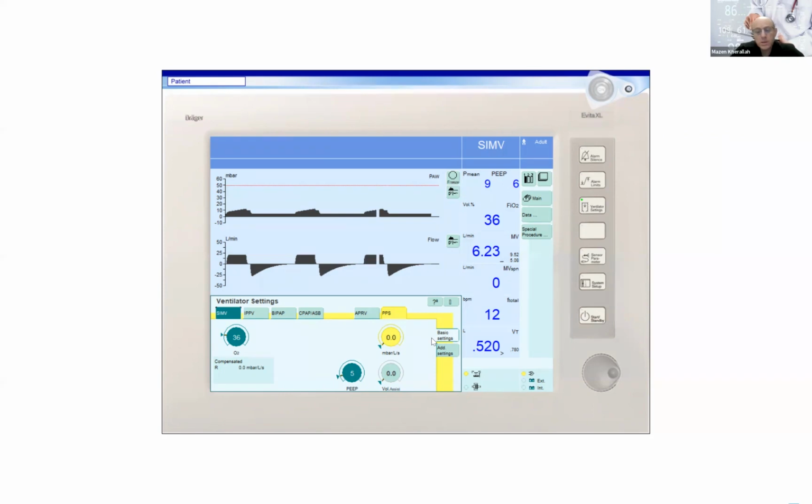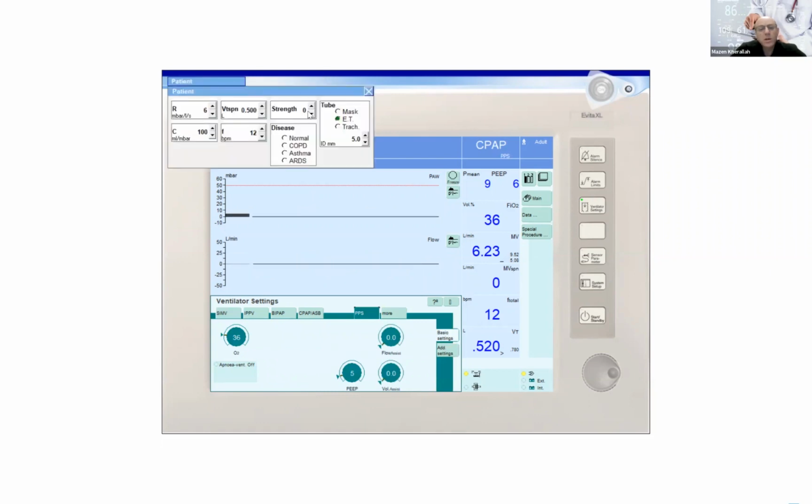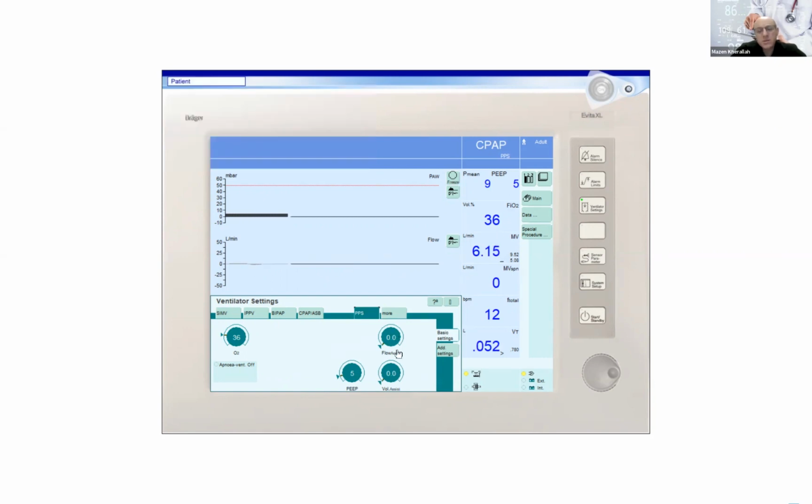So in principle, the flow assist will overcome the resistance. So if you have a patient with high resistance, you need to give them higher flow assist compared to patients with no higher resistance.